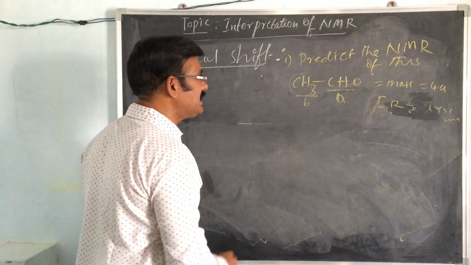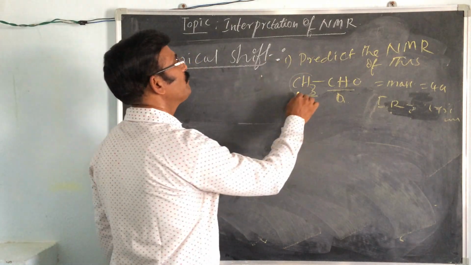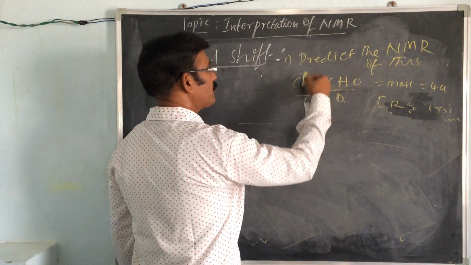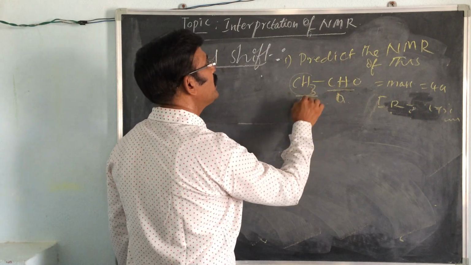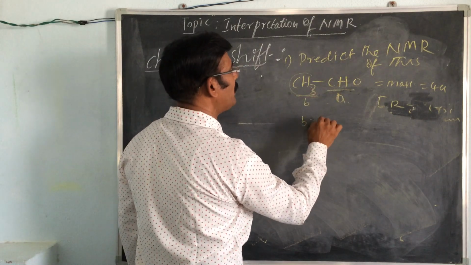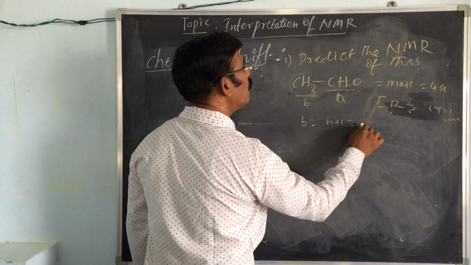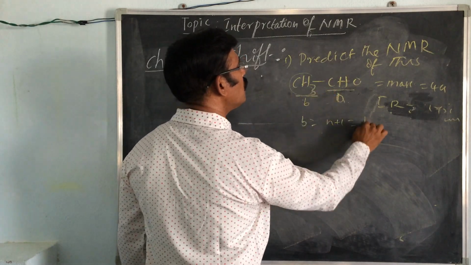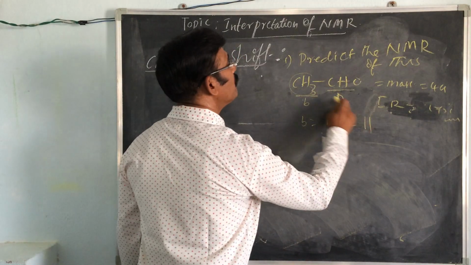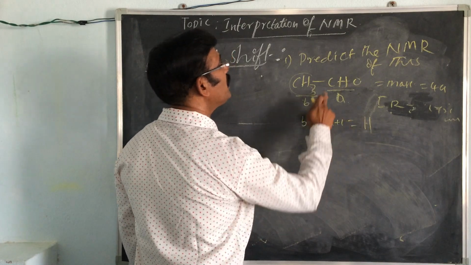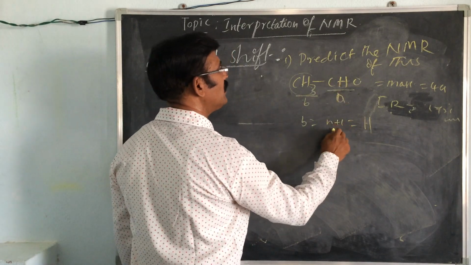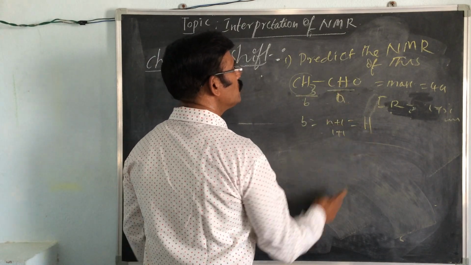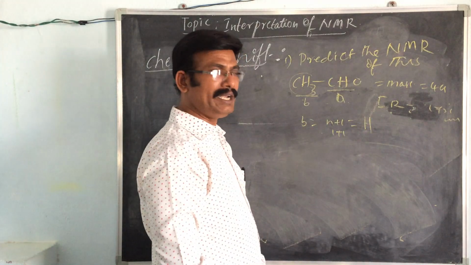And what is the multiplicity? We see the neighboring protons. For B, by the n plus 1 rule, a doublet will come: here n is equal to 1, so n plus 1 is 1 plus 1, which is 2, a doublet.